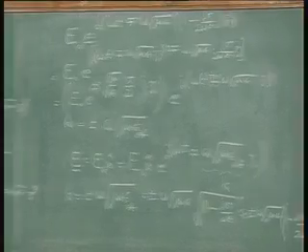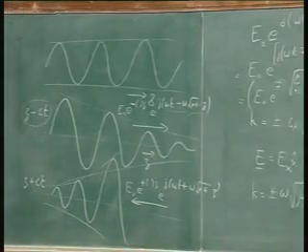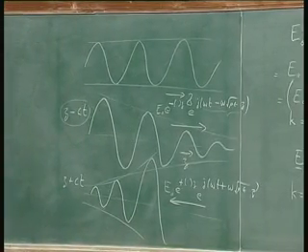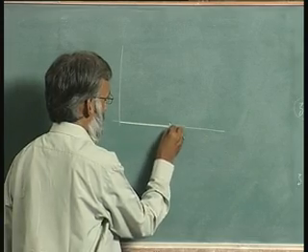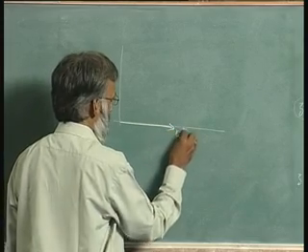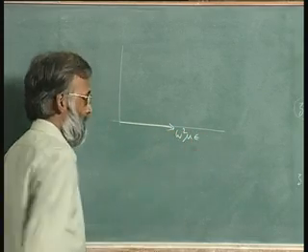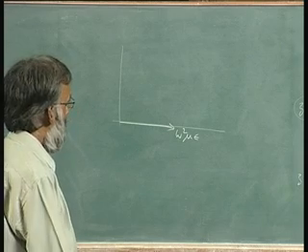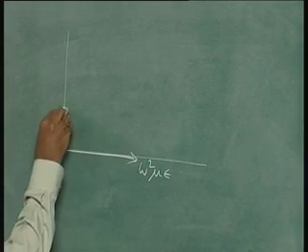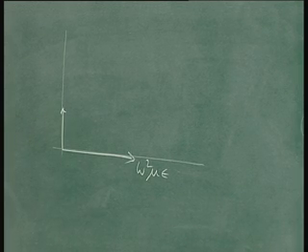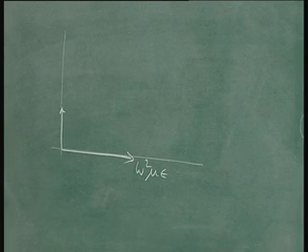Actually, what is happening is, you have a term which is along the real axis, which is omega squared mu epsilon, and you have a term along the imaginary axis which is j omega mu sigma.